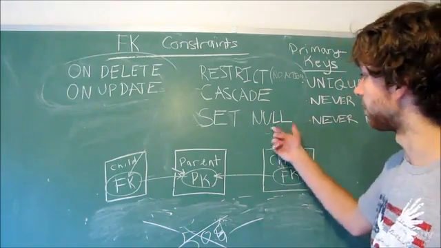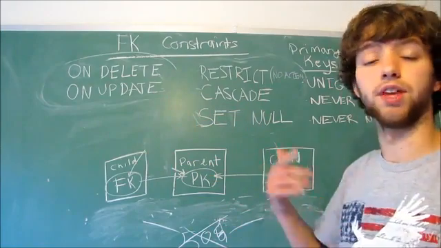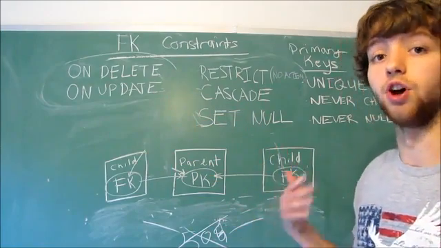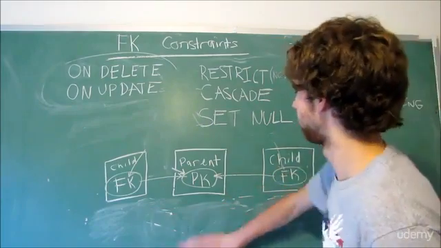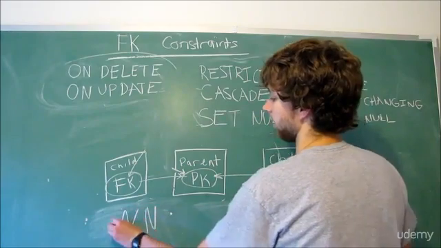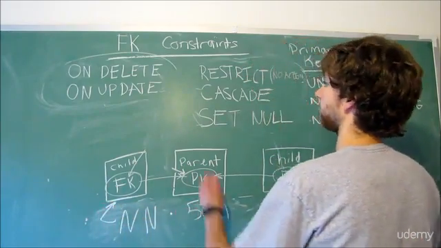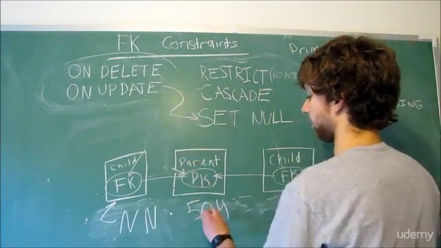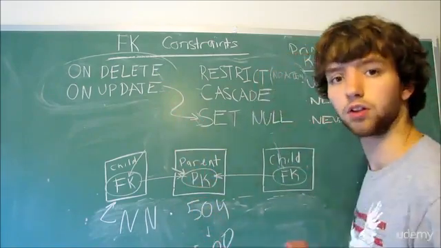Now there's one important thing with set null. The children can't have the not null characteristic. We talked about that in previous videos. I'm just going to put NN for short. If this is not null, and we have on update set null, and we update 504 to 508, can you even see that?